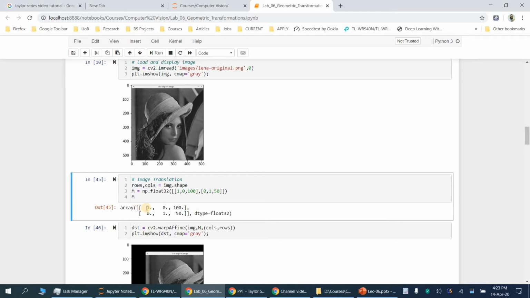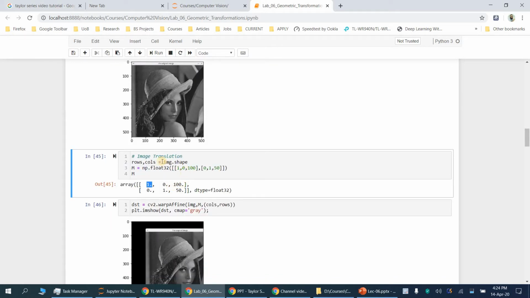Here 1 is for x, and 1. means a floating point number. 0. and 100. are all written with dots, meaning they are floats. Remember, if you don't provide floats, I think it will give you an error. The second row will be 0, 1. Here 1 is for the y column. If you swap these values, it will make a big mistake. The first should be for x, the second for y. The diagonal values will be 1, like in an identity matrix.